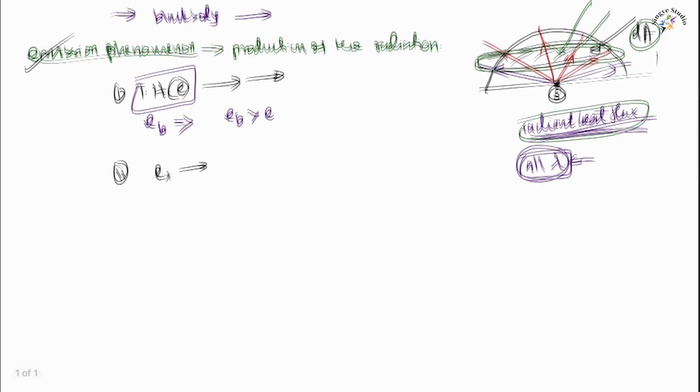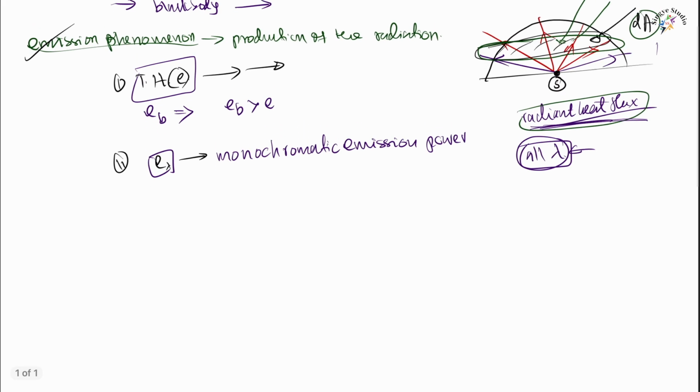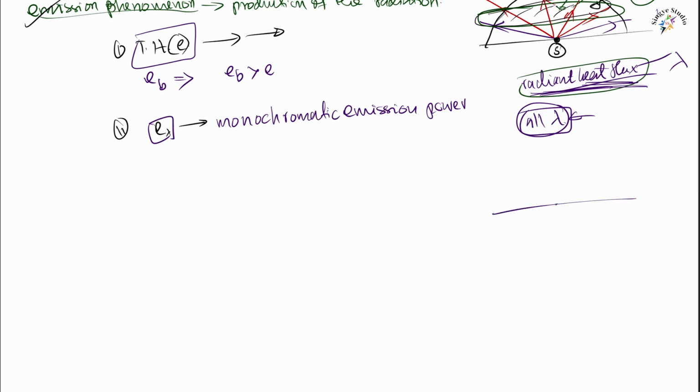then this is the total hemispherical emissive power. Whereas E lambda is also called monochromatic emissive power. Now, instead of counting the radiant heat flux of all wavelengths, you are looking at a specific wavelength, say lambda dash.